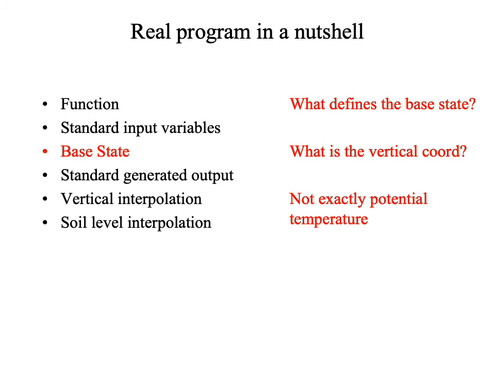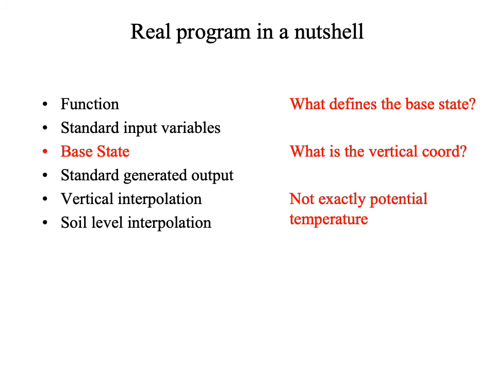So what we remove is a large portion of a value that we are differencing. And when we remove a nearly constant value from neighboring grid cells, we end up with a perturbation. And that perturbation is able to get a bit more resolution. The real program and the WRF model use the exact same base state. And that base state, those constants that are used in the base state, are also used to define the vertical coordinate.